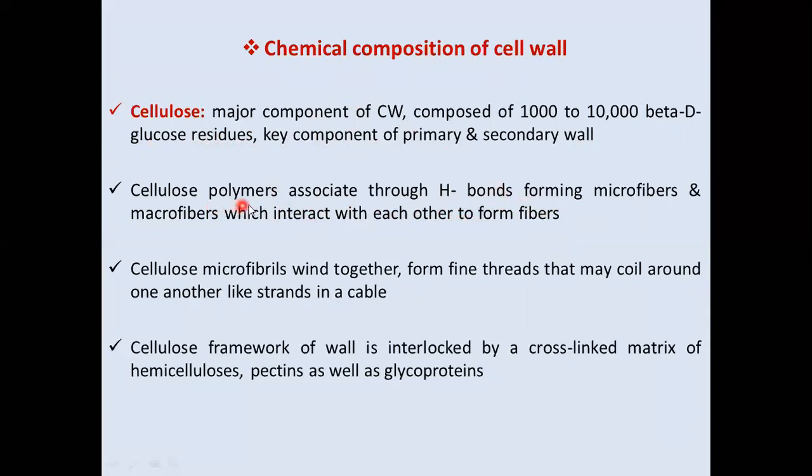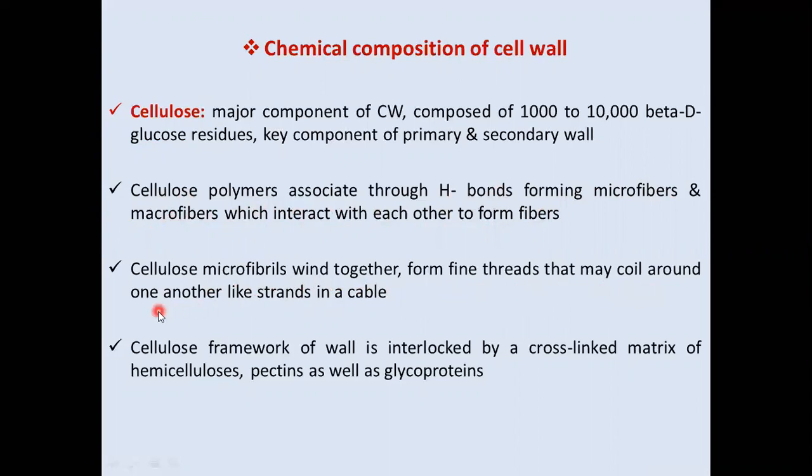So different types of cellulose polymers associate with each other through hydrogen bonds, and these form microfibers, and microfibers associate with each other to form macrofibers, and macrofibers associate with each other to form fibers. Cellulose microfibrils wind together and form fine threads.